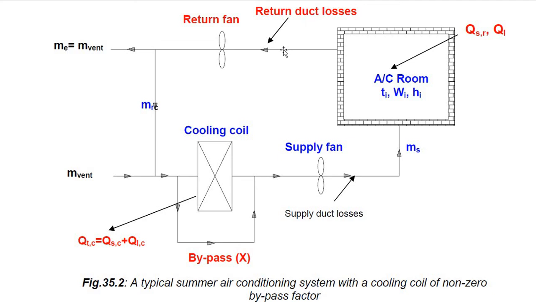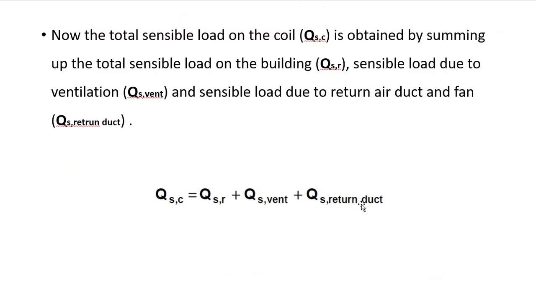So that heat has to be removed. Also, when a return fan is operating with the help of an electric motor, there is also some slight heat leakage. So this heat has to be removed. That heat is known as QS return duct, sensible heat load due to return air duct and fan. So the total sensible load on the cooling coil is due to sensible load on the room plus sensible load due to ventilation air plus sensible load due to heat transfer in the return duct.